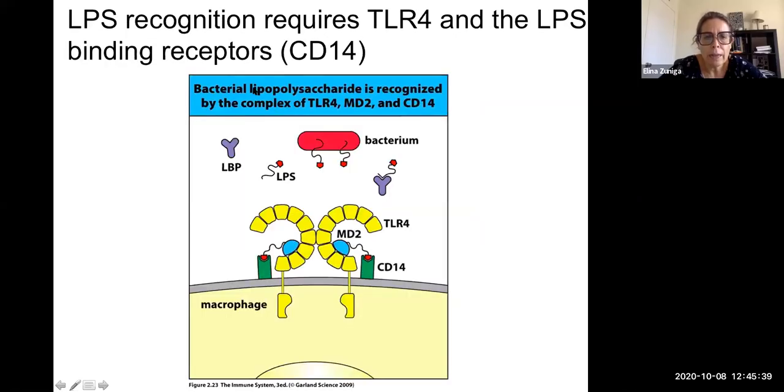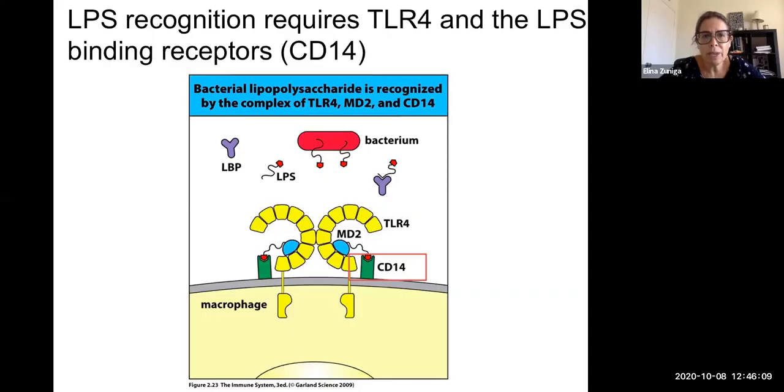One additional piece of information, particular for toll-like receptor 4, is that it not only requires toll-like receptor 4 binding to LPS, but it also requires other proteins in this complex, particularly CD14, which should also bind to another part of the LPS molecule.